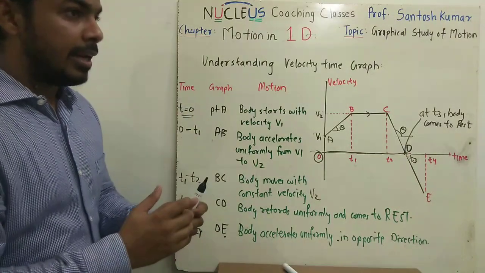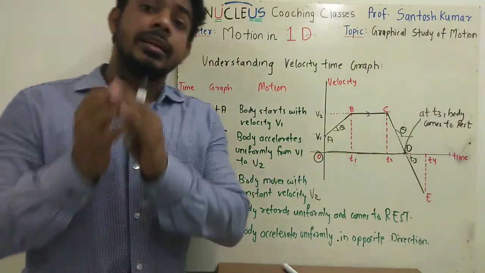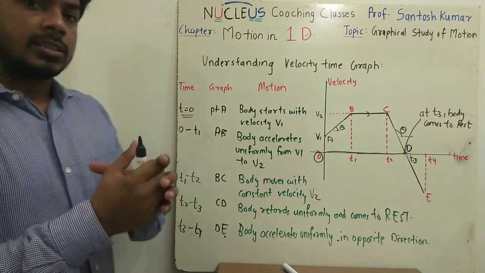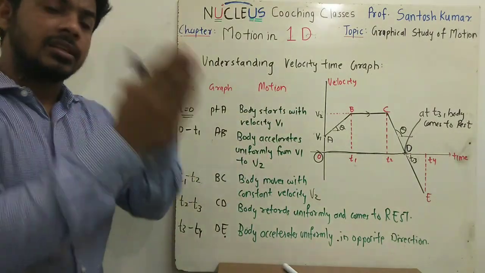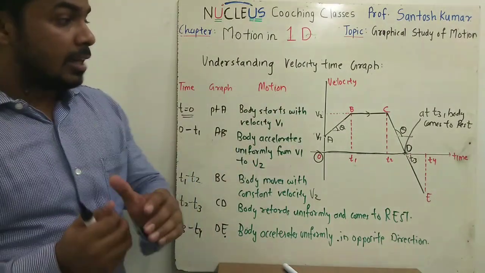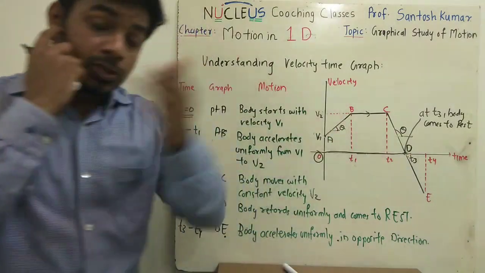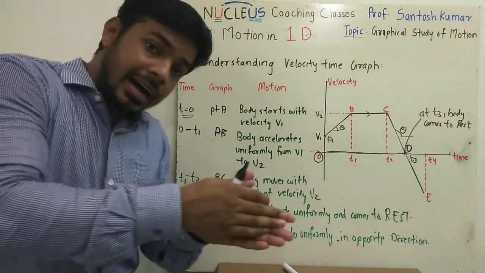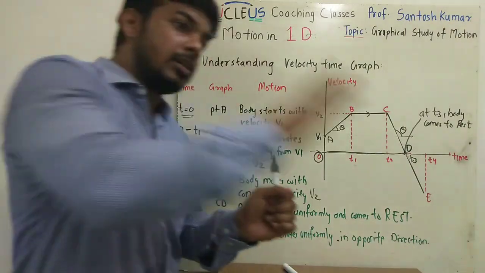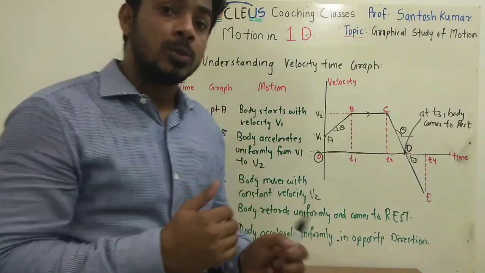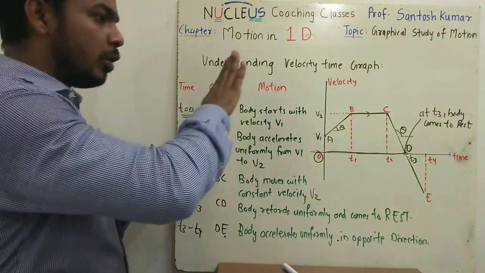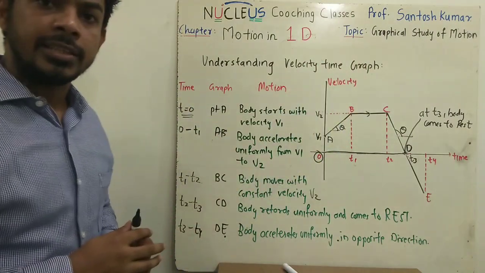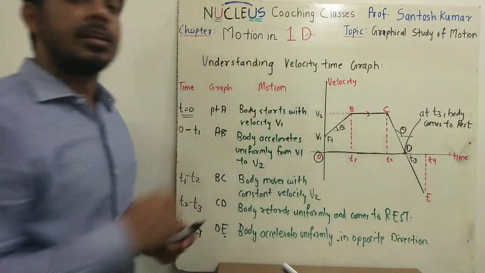Consider an example where a car starts with velocity V1, moving in the forward direction, accelerates till V2, then for a certain interval of time moves uniformly and then retards, applies the brakes and comes to rest.